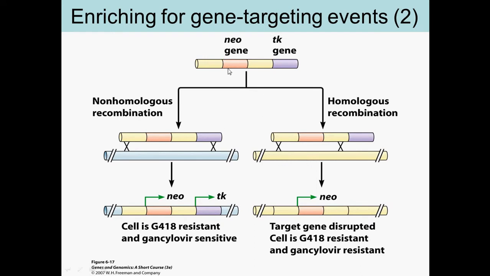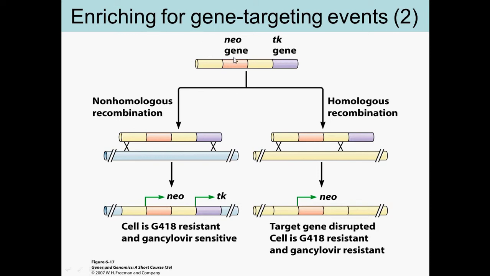This has to find this exact spot and recombine with it. So obviously it's going to recombine in a lot of different places and also here. So you have 1 in 10,000 chance that it'll recombine right over here. So what you do is you use some controls so that you make sure that it recombines in the right spot. So the controls are the neo gene and the TK gene.